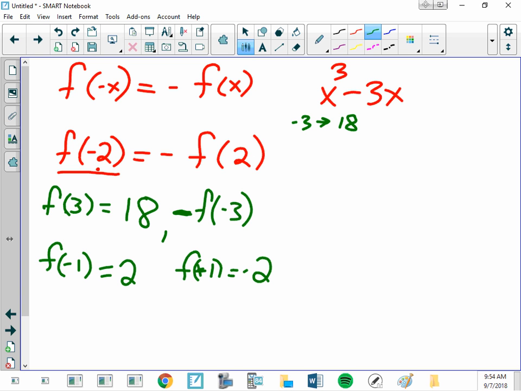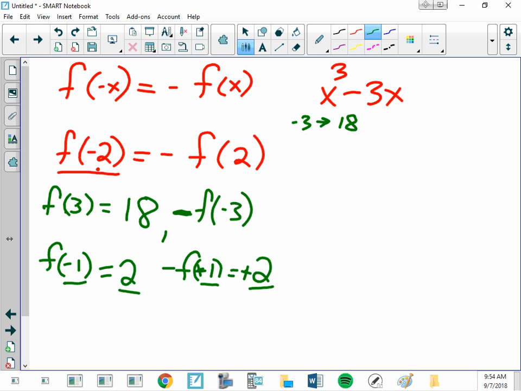Did plugging in negative 1 and positive 1 give me opposite answers? Right, so I'm trying to display it two different ways. But basically it's saying when I plug in any number and its opposite, I should get opposite answers. Or you can say the opposite answer is the same as the original answer. Okay? Does that make sense?